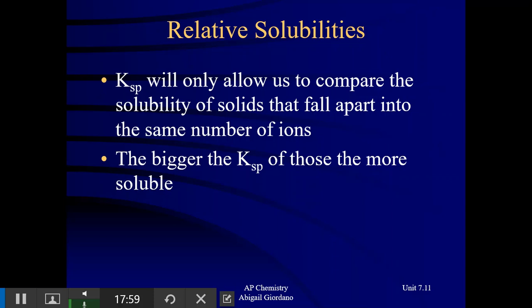But there's a problem here. Can you always just compare the KSP values? No, you can't. Look at that first bullet. It says you can only do that if the salts fall apart into the same number of ions. Now, what do I mean by that?